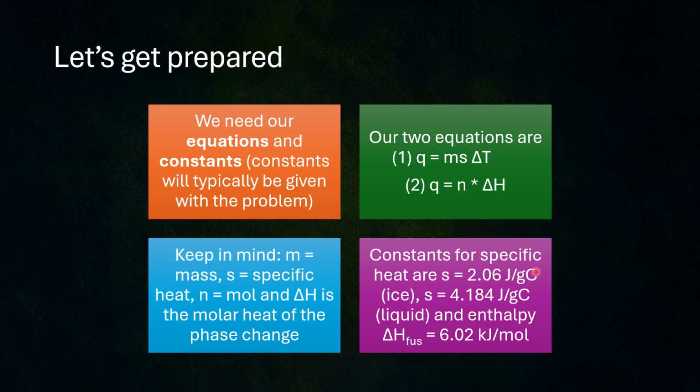So, why do we have two different specific heats? Well, the specific heat of ice is different from the specific heat of liquid water. It actually takes a bit less energy to raise the temperature of ice than it does liquid water. That's why we have two different specific heats.